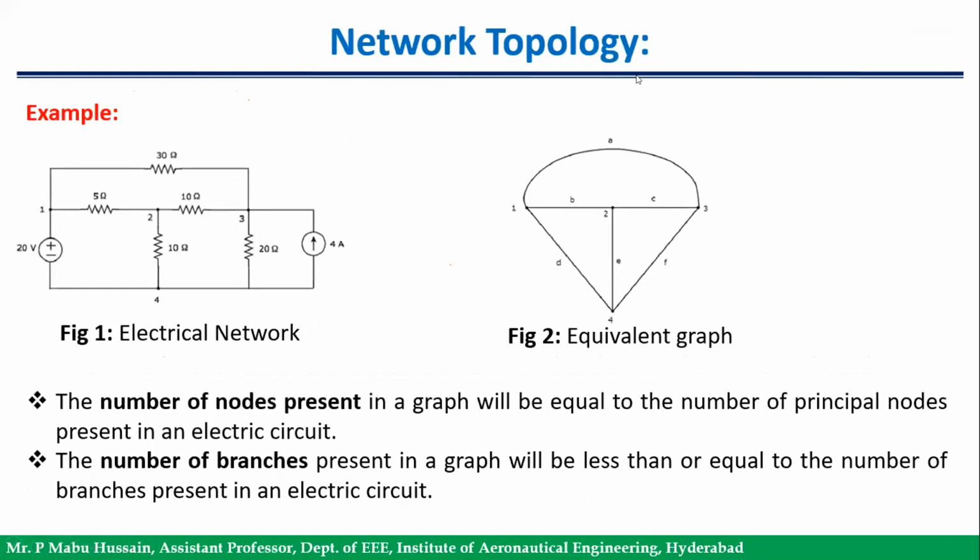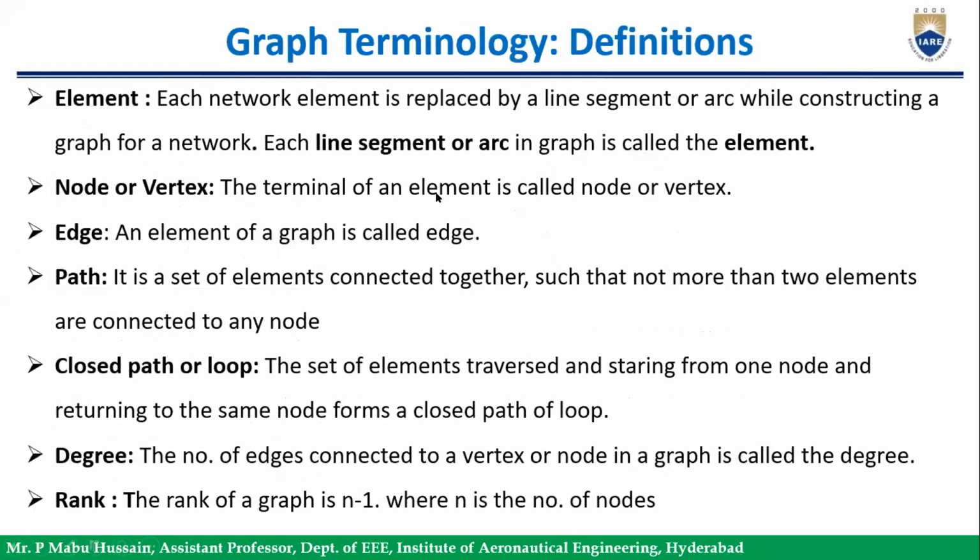So while drawing the graph, we are representing these branches or elements of the electrical network as a line segment or an arc. Each line segment or arc in the graph is called an element.